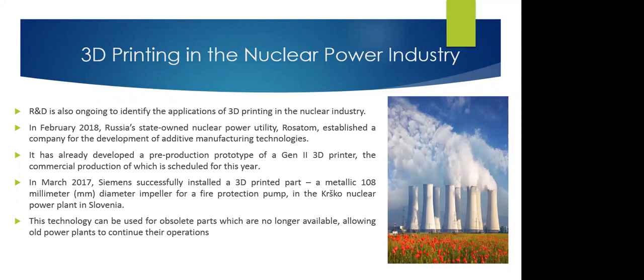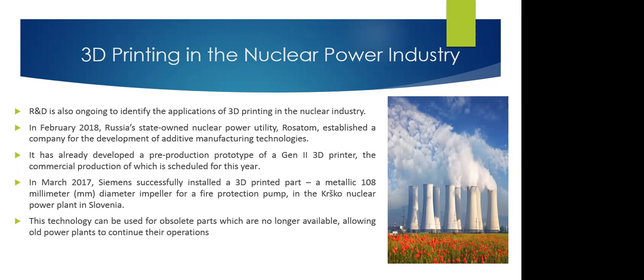This technology can be used for parts which are no longer available, allowing old power plants to continue their operations. It is also using binder jetting additive manufacturing in order to cut cost and cut short the lead times for parts that are difficult to obtain.